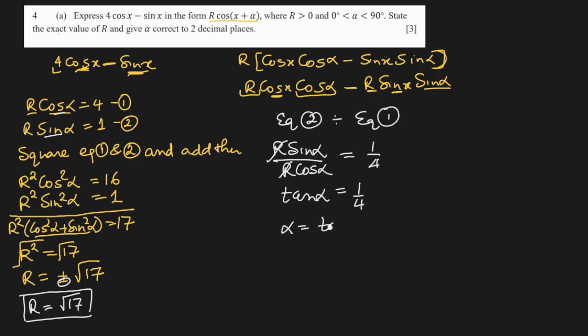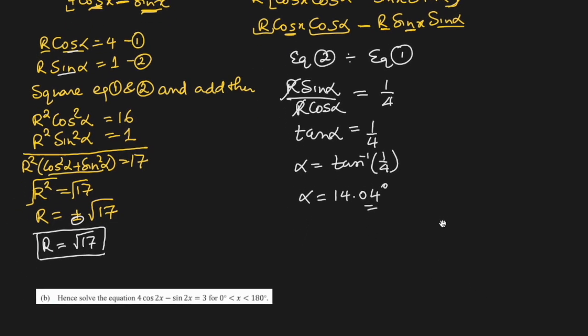Alpha is tan inverse 1/4, and we need it in the first quadrant only, 0 to 90 degrees. So let me use my calculator. Alpha comes out to be 14.04 degrees to 2 decimal places. Actually it is 14.036, but rounded off to 14.04.